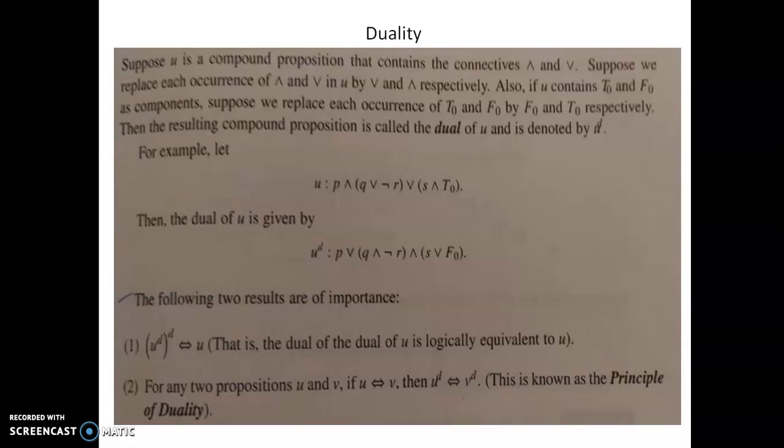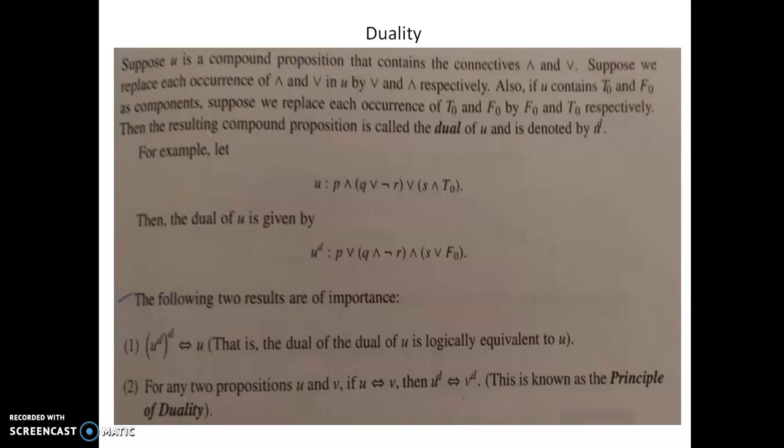Also, if U contains tautology and contradiction as components, suppose we replace each occurrence of tautology and contradiction by contradiction and tautology respectively, then the resulting compound proposition is called the dual of U and is always denoted by U raised to d.